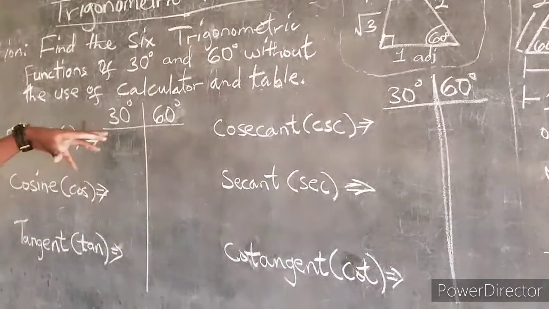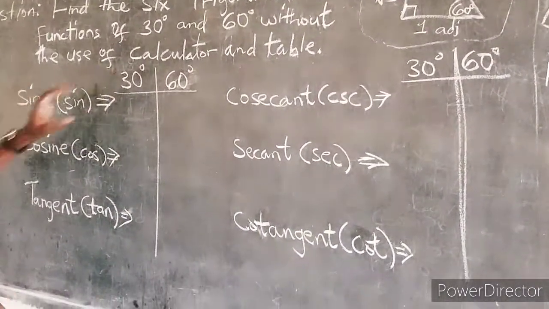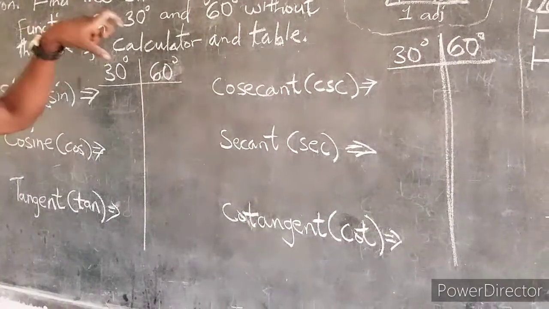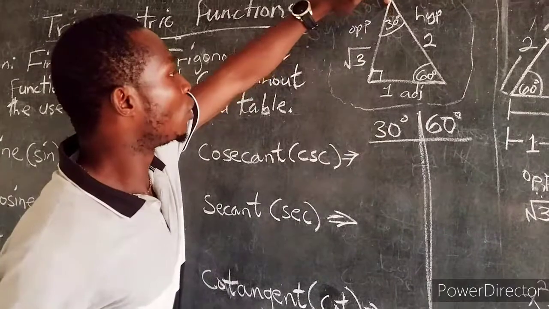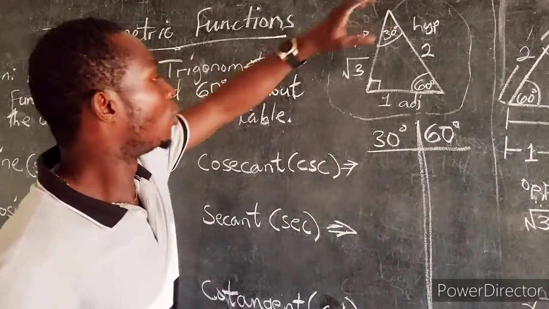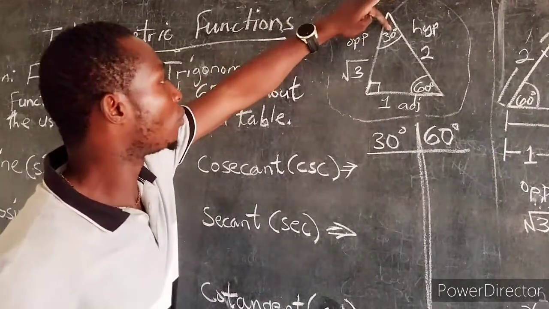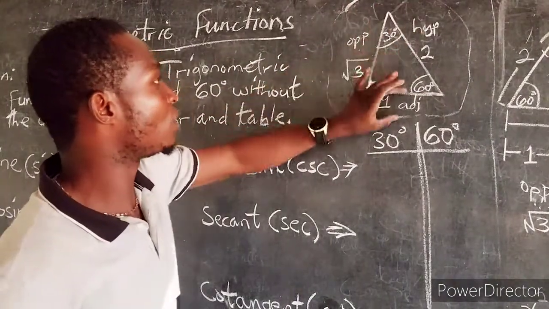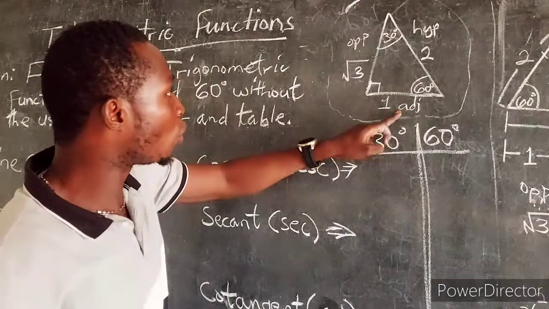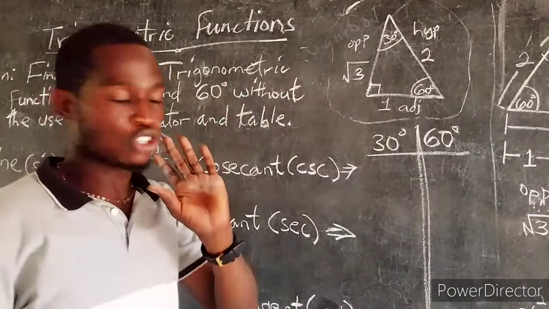So we now come to sine of 30 degrees. Looking at this diagram, note that for sine 60 degrees, this is opposite, hypotenuse, adjacent. For 30 degrees, the opposite and the adjacent positions will change.